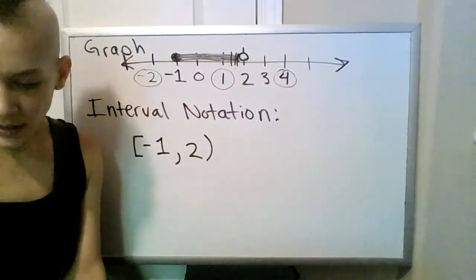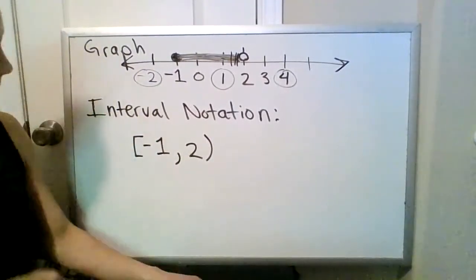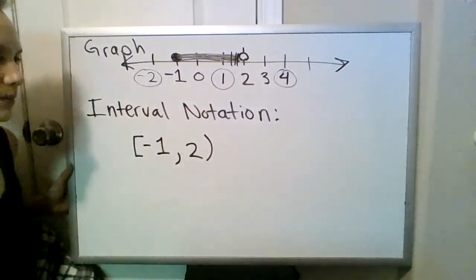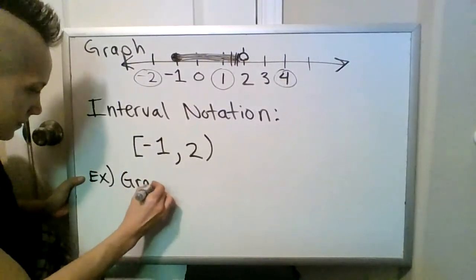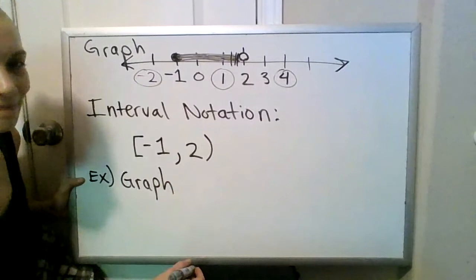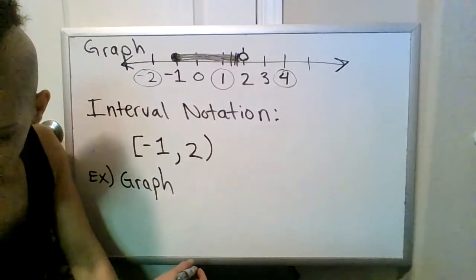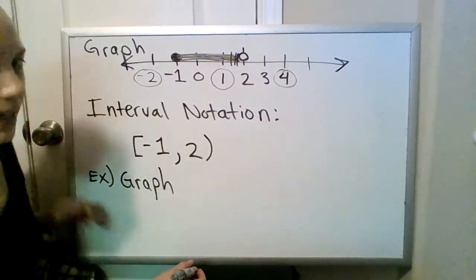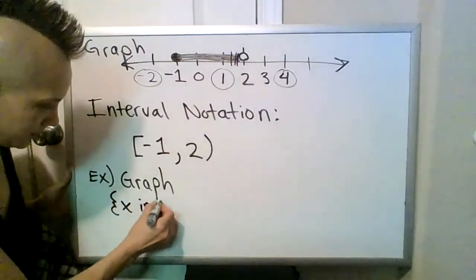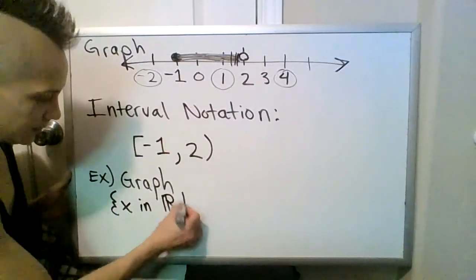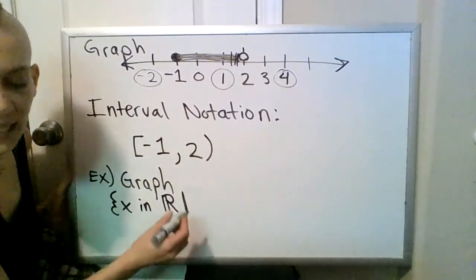Okay, let's go on to something like this. We're going to graph the set of X in R such that X is less than 4.